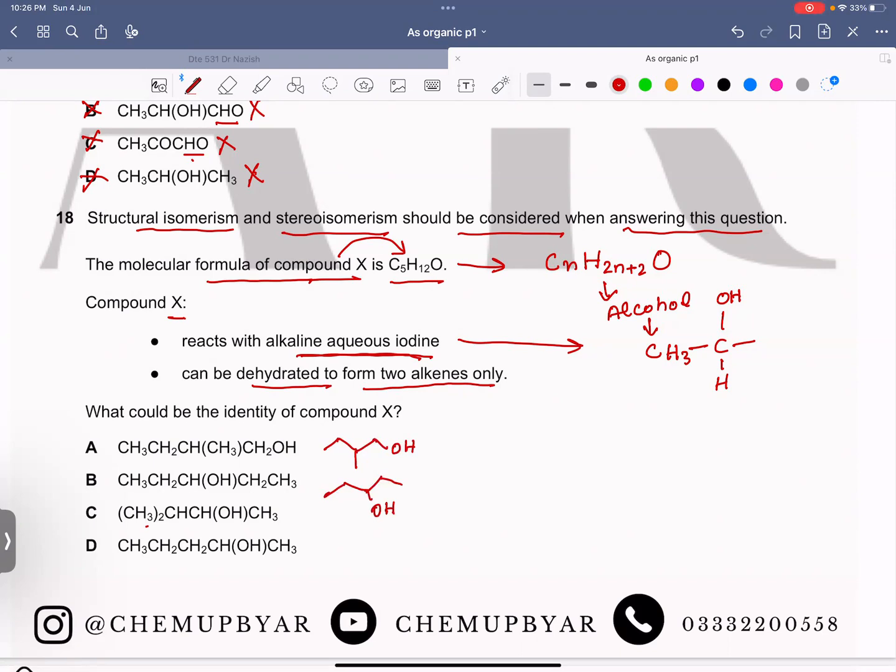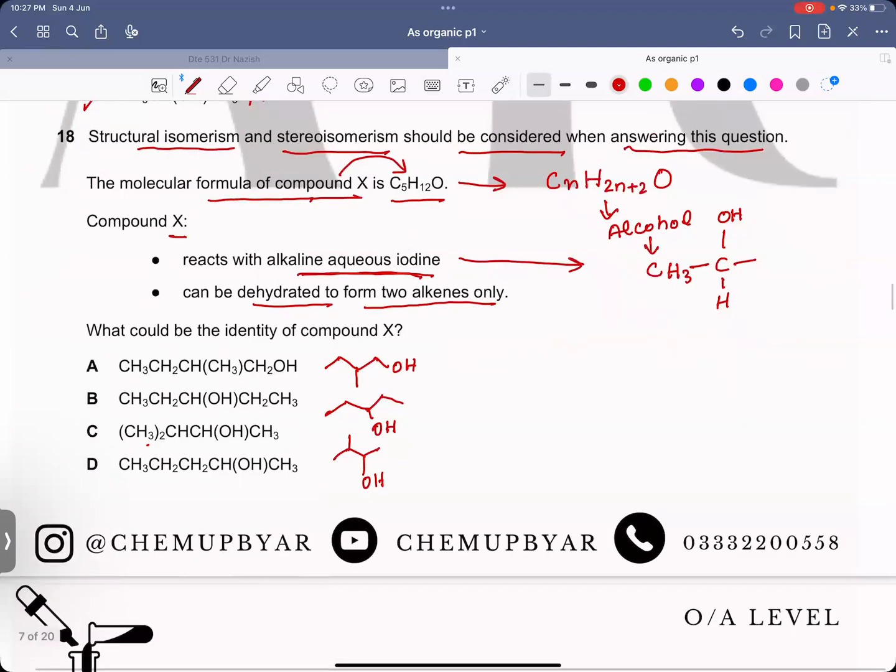Then 1, 2, 3, the second carbon has a CH3, the third carbon has an OH and CH3. Then we have 1, 2, 3, 4, 5, and the second carbon has an OH.